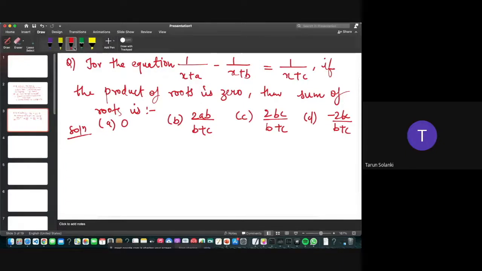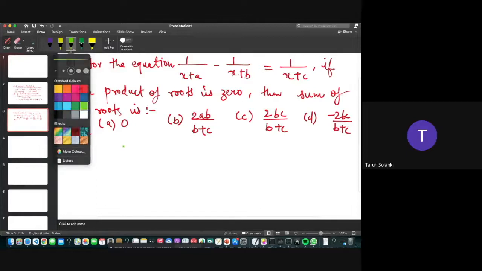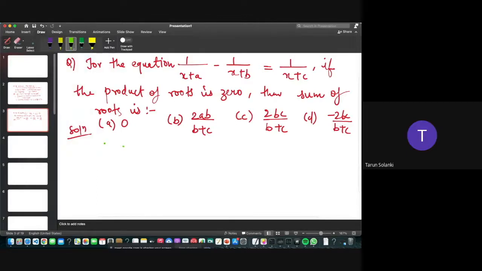So now we will solve this problem. Okay, so the given equation is 1 upon x plus a minus 1 upon x plus b is equal to 1 upon x plus c. This is given, right? So from here we conclude that these both are equal to 1 upon x plus c.